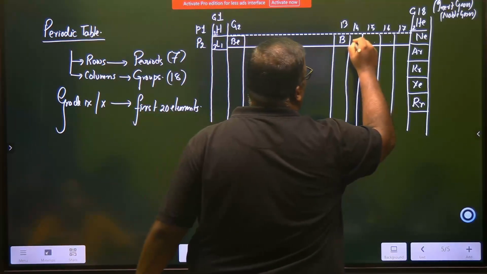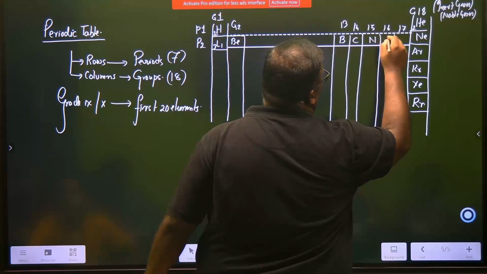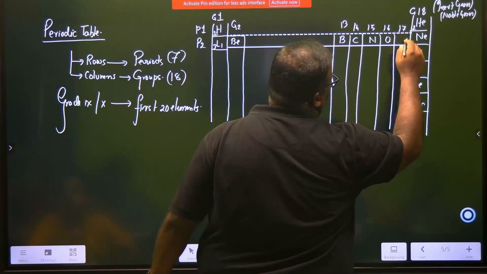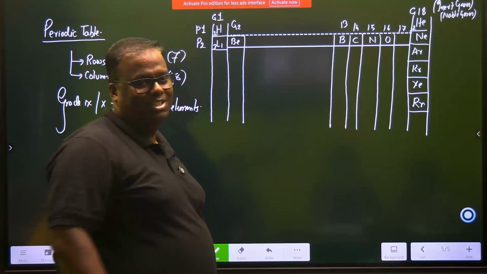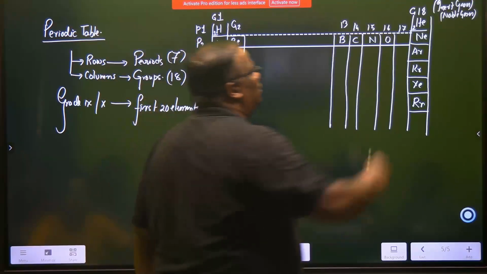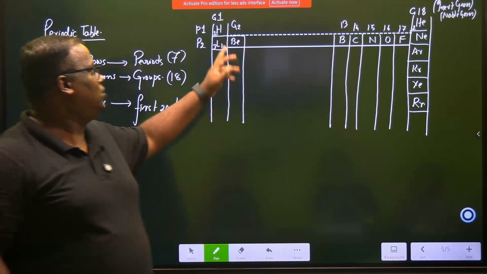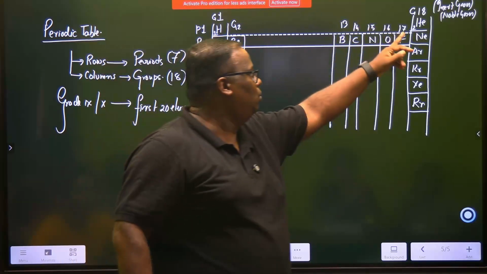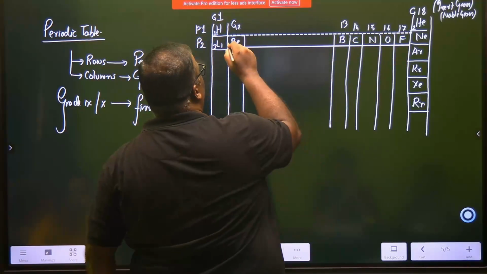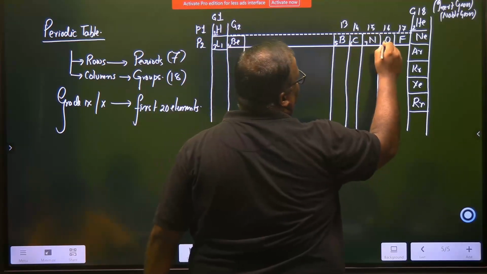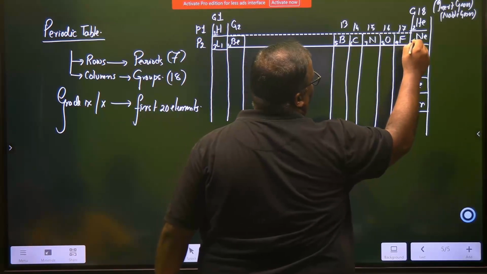Boron, carbon, nitrogen, oxygen, and then what? Fluorine. Okay. So how many? 1, 2, 3. This is 4. This is 5, 6, 7, 8, 9, 10.